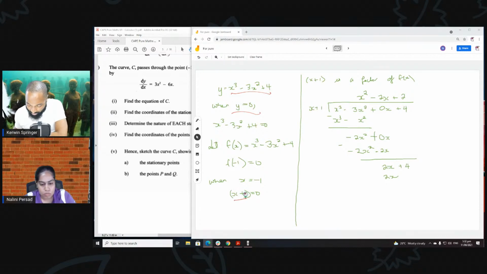Y is equal to 0, and x plus 1 is correct. F of negative 1. So then x into this x squared, x cubed minus x squared. That's great. And then negative 2x, negative 2x squared, negative 2x. That's also good.